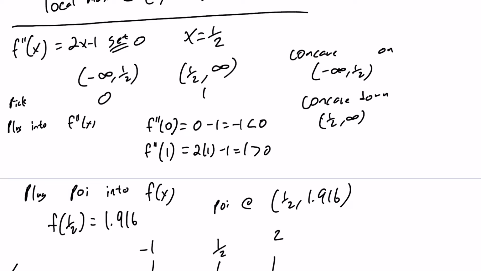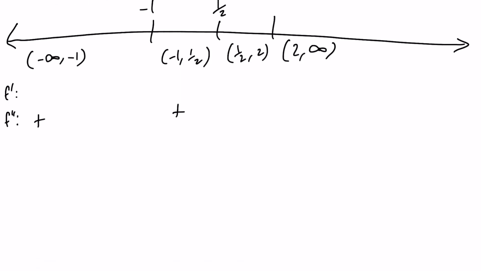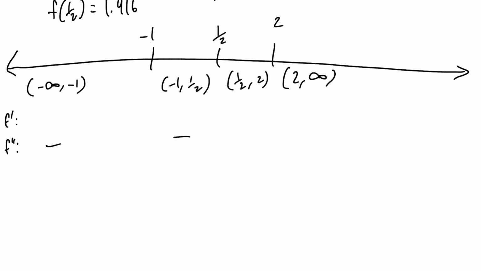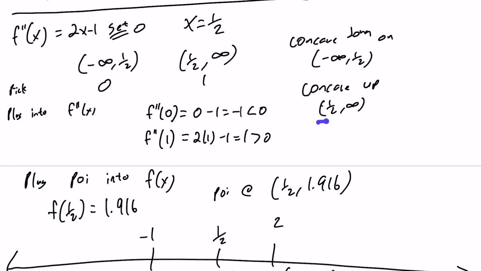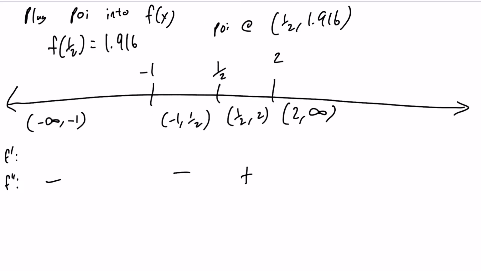Goodness. You'd almost think I would edit that out as well. But again, I won't. These are both negative. My apologies. And then on intervals that are bigger than 1/2, so the interval from 1/2 to infinity, the second derivative is positive. So we're looking at something like this.